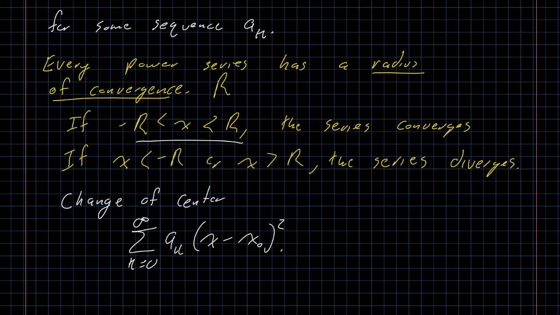For our purposes, looking at modeling differential equations, it is almost always going to be the most valuable to have x naught be the point where initial conditions are given. If you know what your initial conditions are, then they're evaluated at, say, y of 0, so x naught equals 0, that's where our center is going to be.